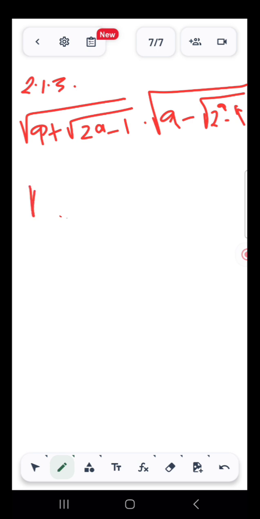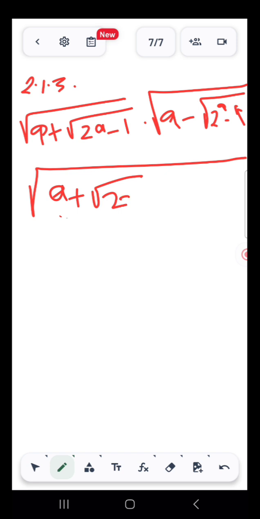So it will be a huge square root, whereby the a plus the square root of 2a minus 1, then multiplied by a minus the square root of 2a minus 1. Right? The brackets stand for multiply.